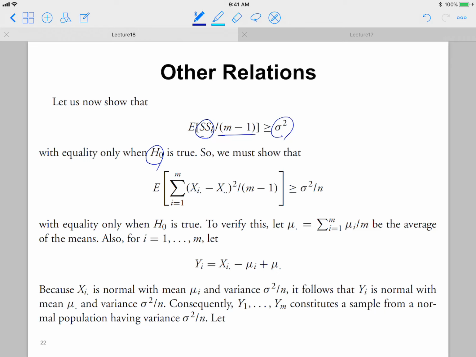But when it is true, the average value of this estimator is the true parameter, sigma squared. But if H naught is not true, meaning the true mean values among different groups are different, then this one will typically give an overestimated value of this sigma squared.